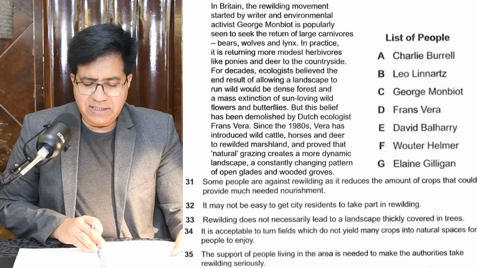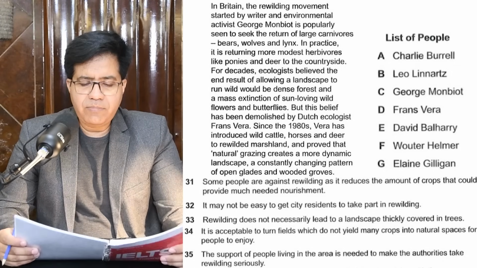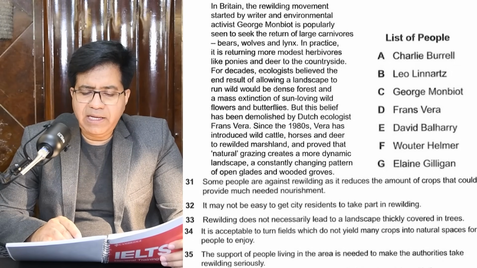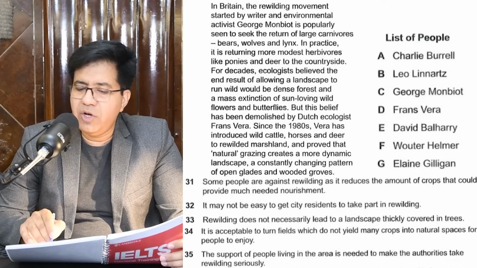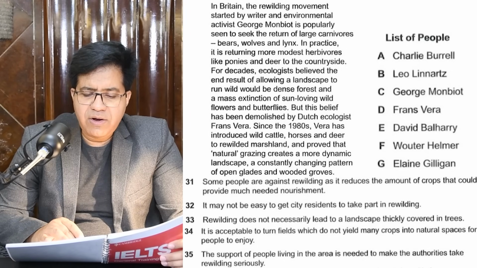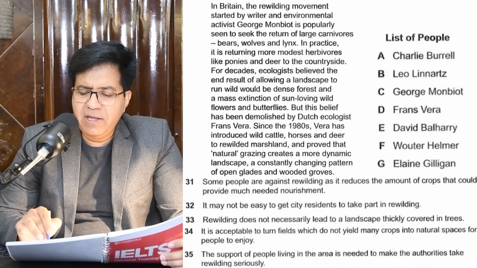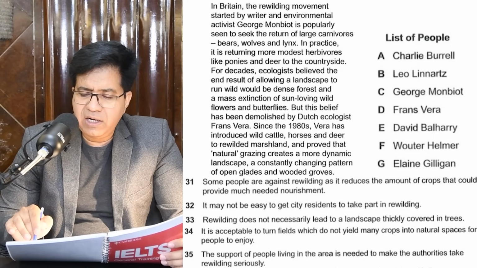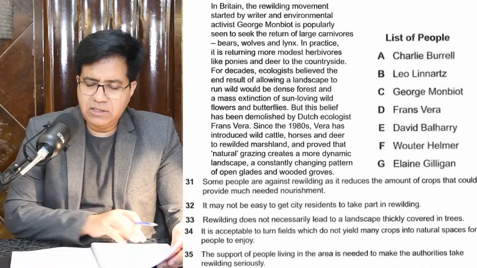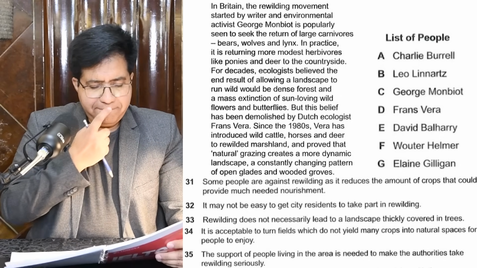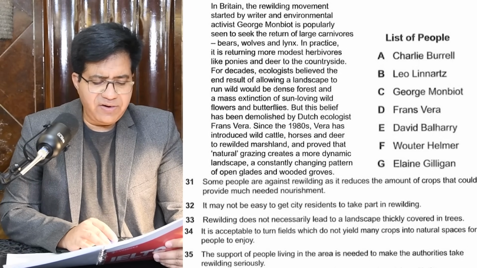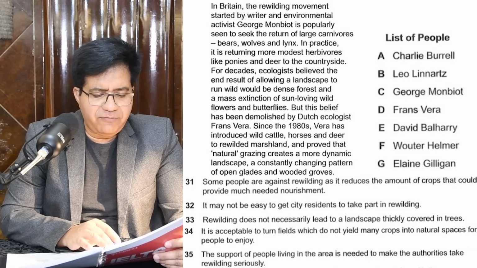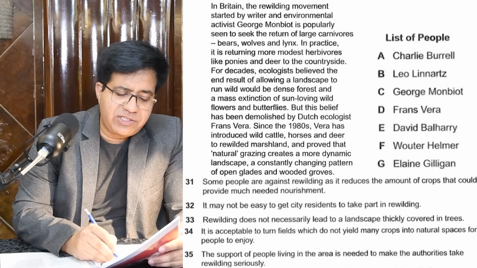Now please come back. Question number 32. It may not be easy to get city residents to take part. No. Question number 33. Rewilding does not necessarily lead to a landscape thickly covered in trees. Let's go back. For decades, ecologists believed the end result of allowing a landscape to run wild would be dense forest. Exactly.